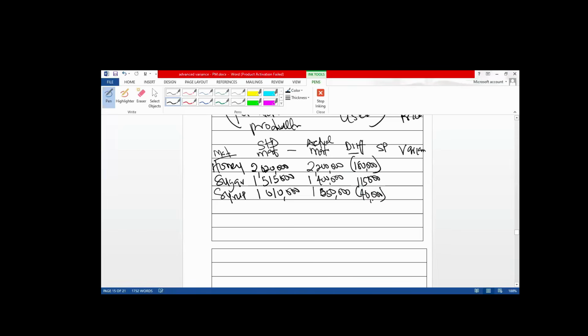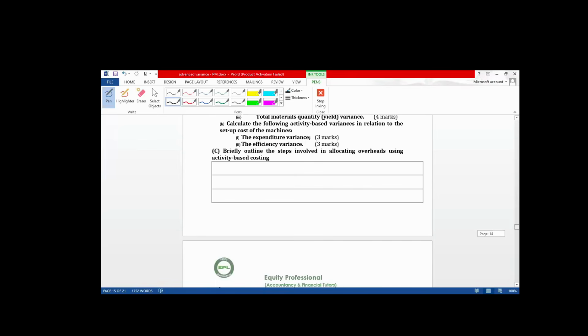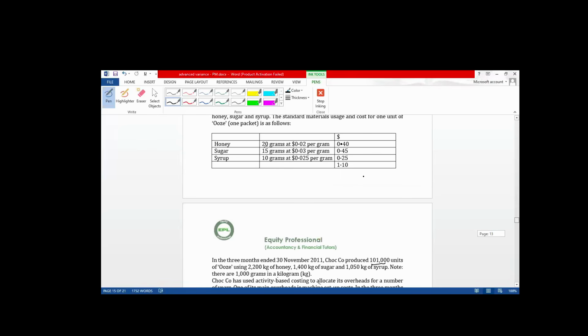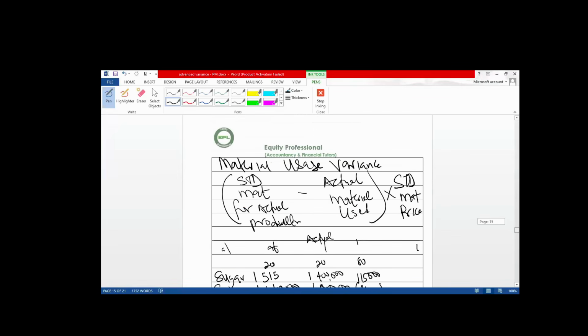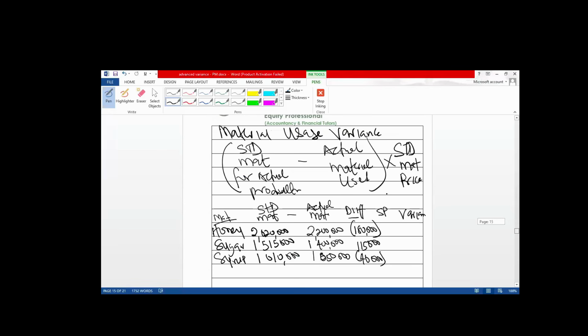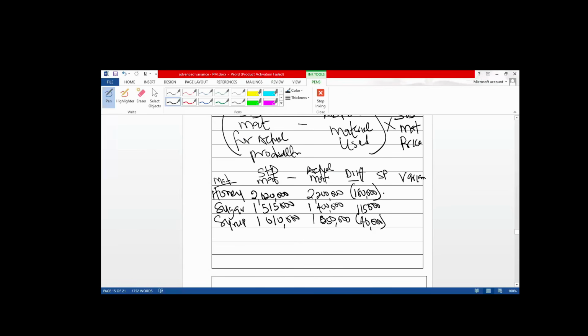Now multiply by the standard material price. In grams, please, don't use units. You know the materials are in grams. You are going to pick 0.02 per gram. The examiner brought this question for you. That question we tested last night was taken from ACCA.